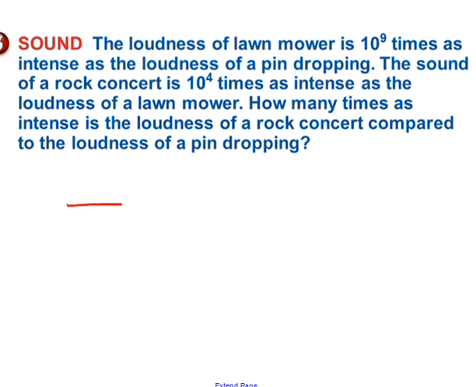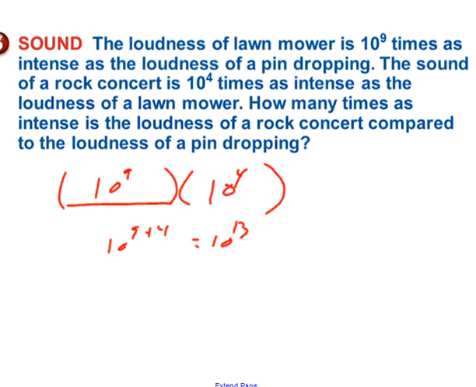Well, if this right here represents the loudness of a lawnmower compared to that of a pin, times 10 to the 4th to get the loudness of a rock concert. Well, I plug in here, this was 10 to the 9th, the loudness of a lawnmower. So 10 to the 9th plus 4 is equal to 10 to the 13th power. That's how many times a rock concert is louder than a pin.